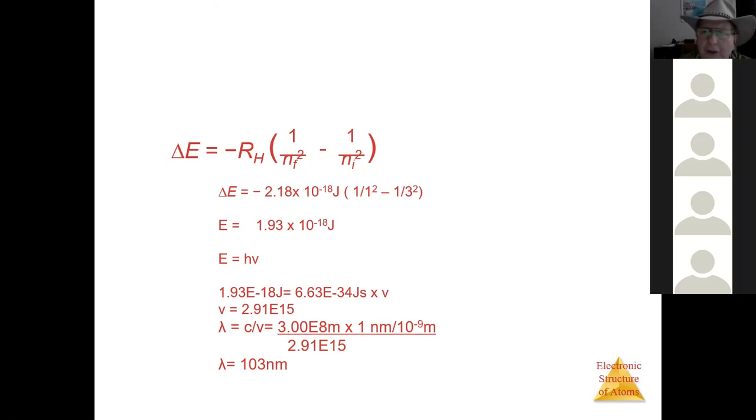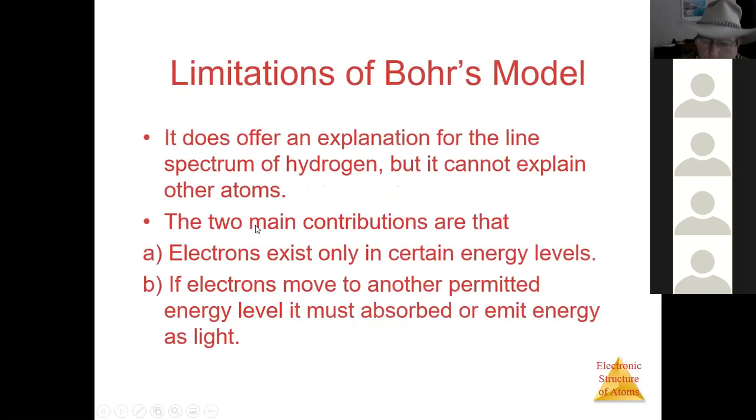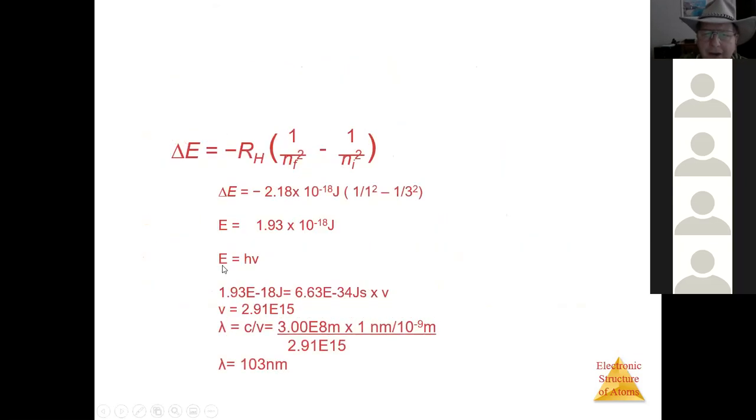The frequency only cares about the change in the energy, so we have to throw out this negative sign. In other words, frequencies can't be negative. So even though this energy is negative because it's exothermic, we have to disregard the negative sign when we put it into the next equation.